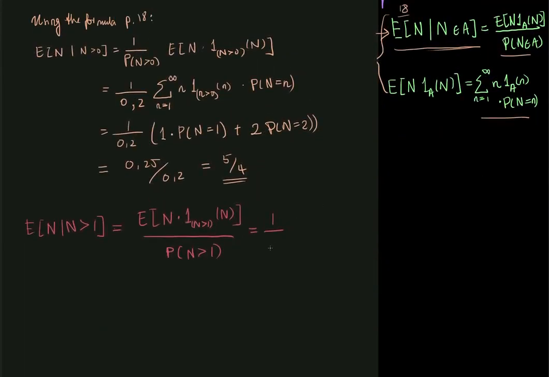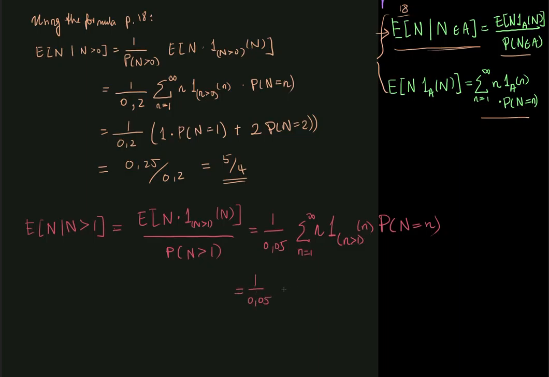So this is just 1 divided by 0.05. And then we have the mean value here. So what we have is the sum for n going from 1 to infinity of n multiplied by the indicator of n greater than 1, and then multiplied by the probability that n attains this value n.